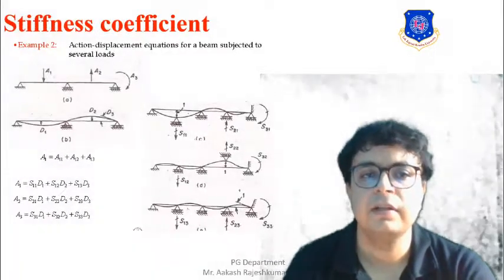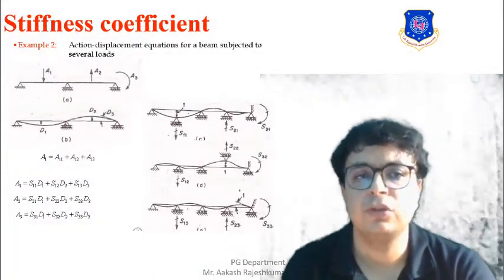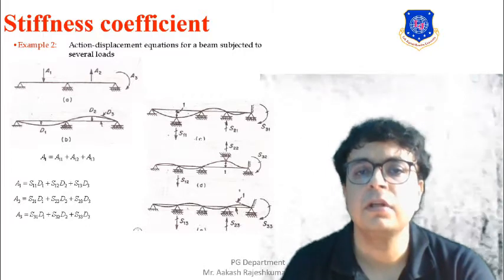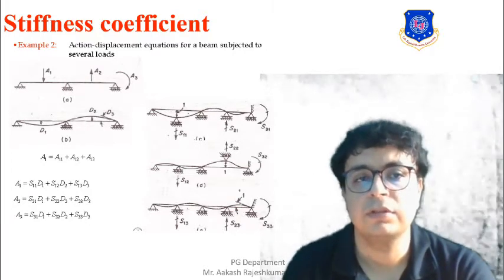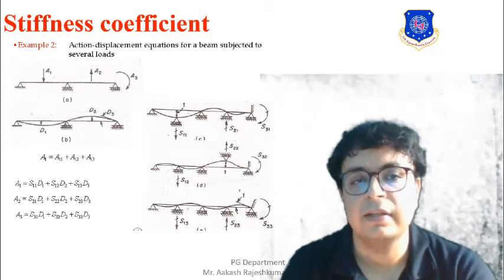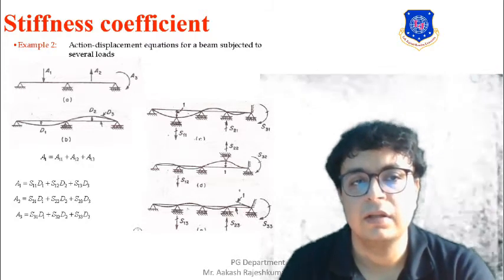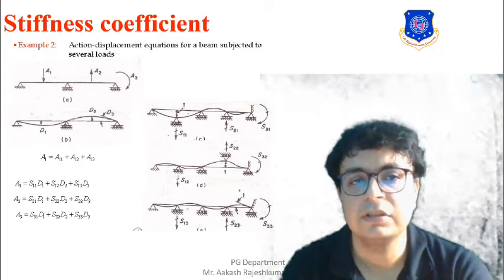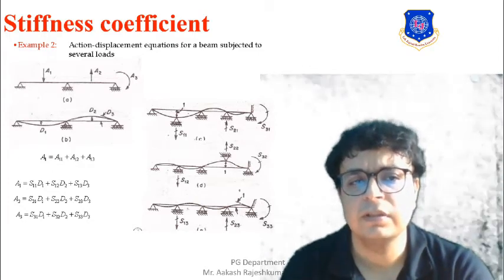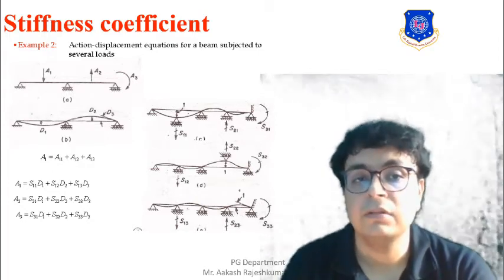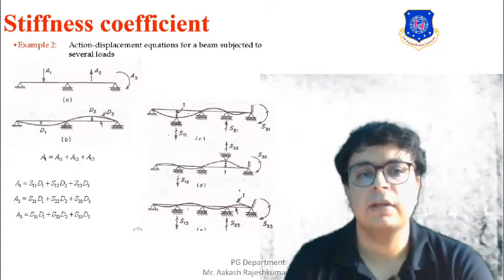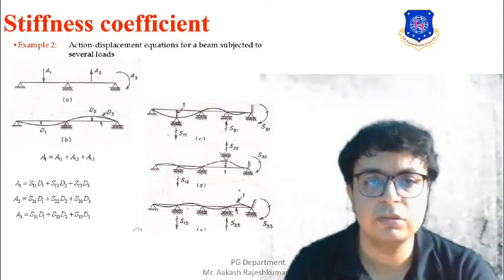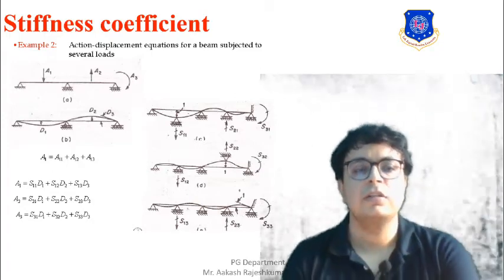Okay. Similarly, here we have an example too, where the action displacement equation for a beam subjected to several loads is given. Okay, you can see over here in figure number 8, we have the loading on each. Here we have 3 loadings, means we have the load at 1 that is noted by A1, we have the load at 2 that is A2, and A3 that is the rotation at joint number 3.